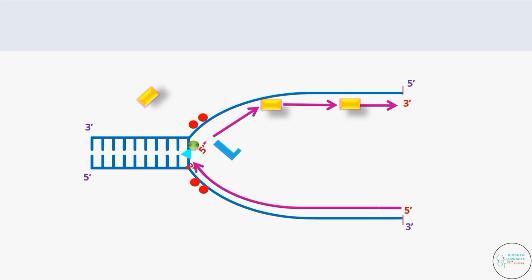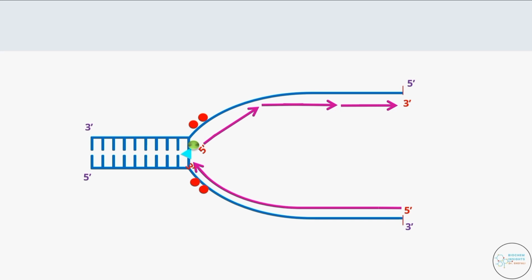Now the same process happens in the lagging strand, that is 5' to 3' exonuclease activity, 5' to 3' polymerase activity, and 3' to 5' exonuclease activity. But because of the Okazaki fragments on the lagging strand, even after DNA polymerase 1 fills the gap created by removal of the primers, still there is some space left.